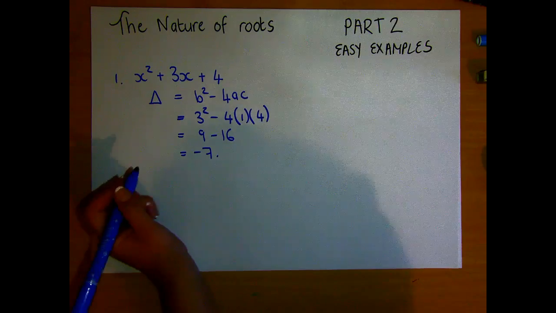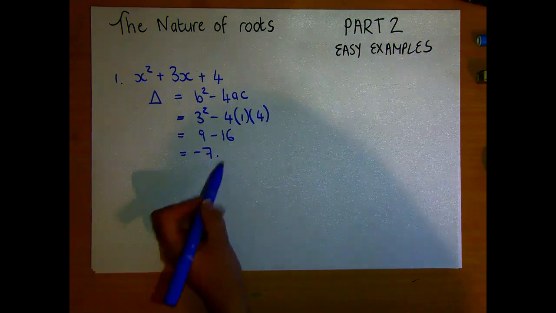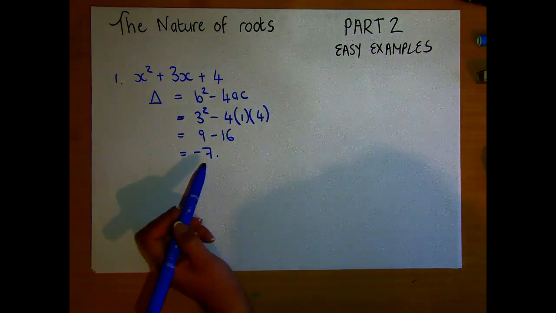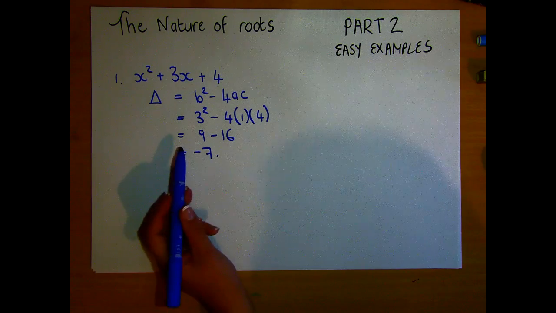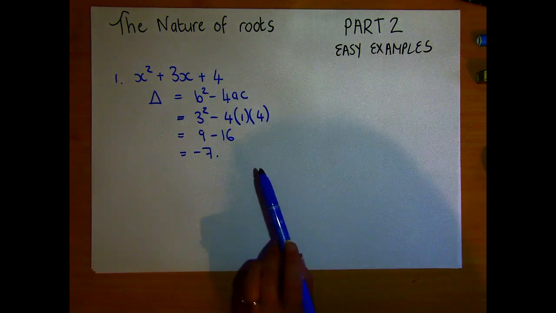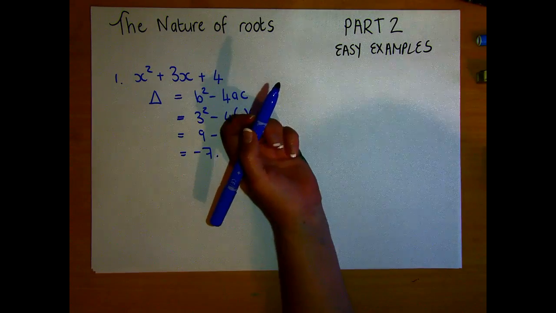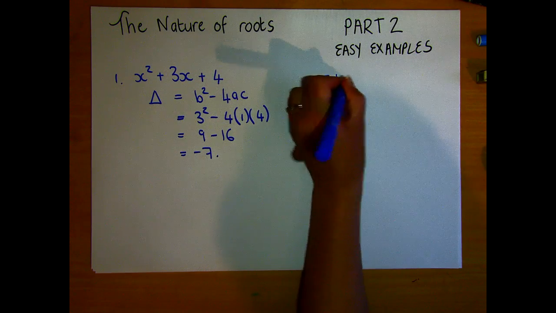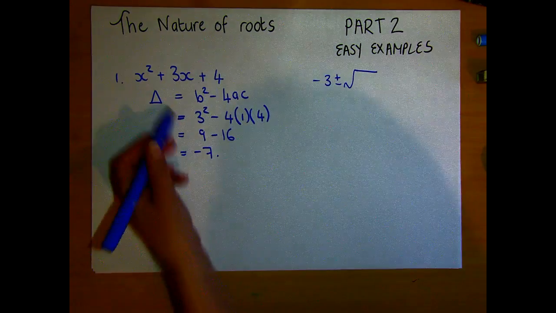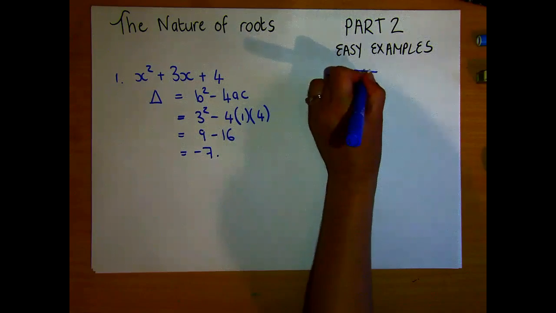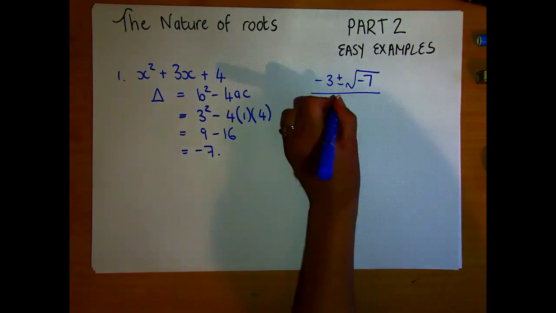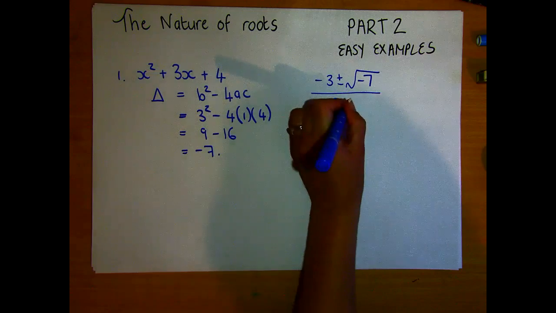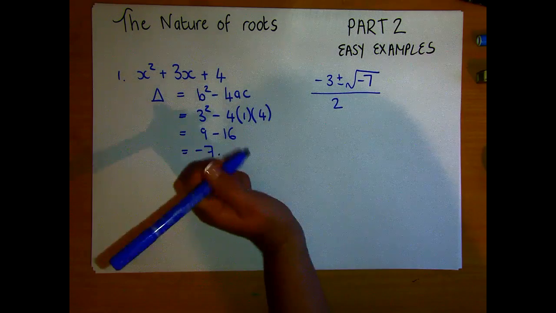Okay, so while we're doing the easy ones, let me explain how I know that this means that I have roots that are not real. So if we did solve this equation, let's pop it into the formula. I'm going to go negative b plus or minus the square root of b squared minus 4ac, over 2 times a, which is 1, so it's just 2.